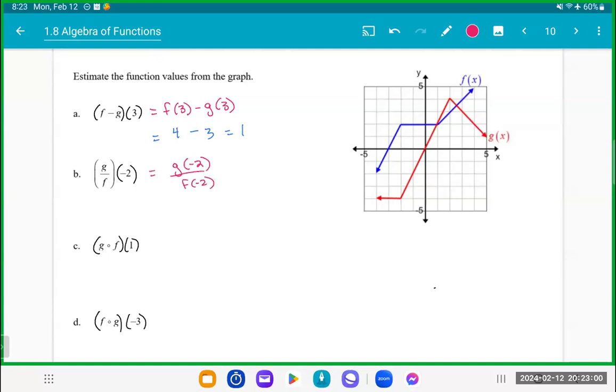So where is g of -2? -2 is right here, and g is -1, -2, -3, -4. And f is +2. When I do the simplification, that is -2.